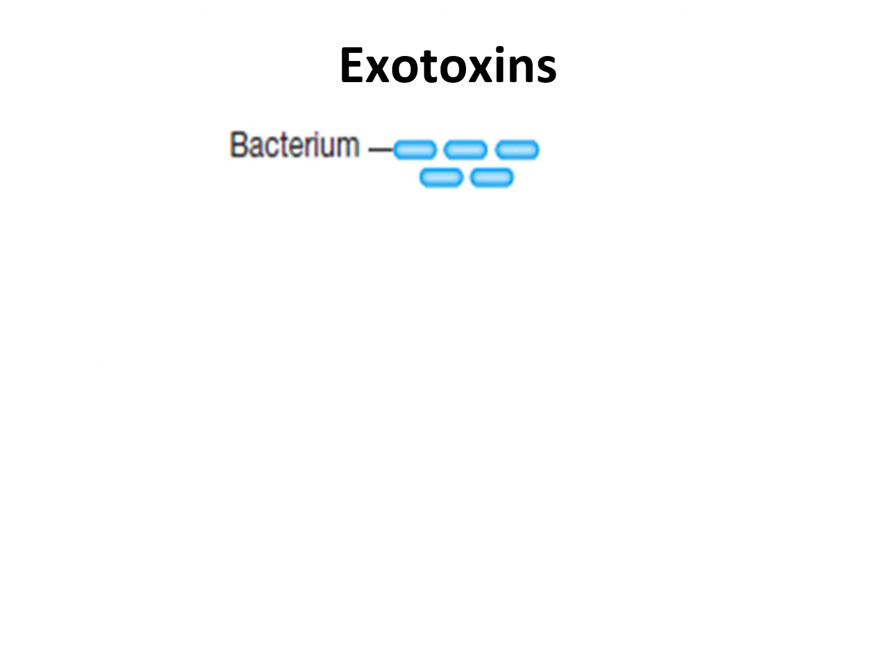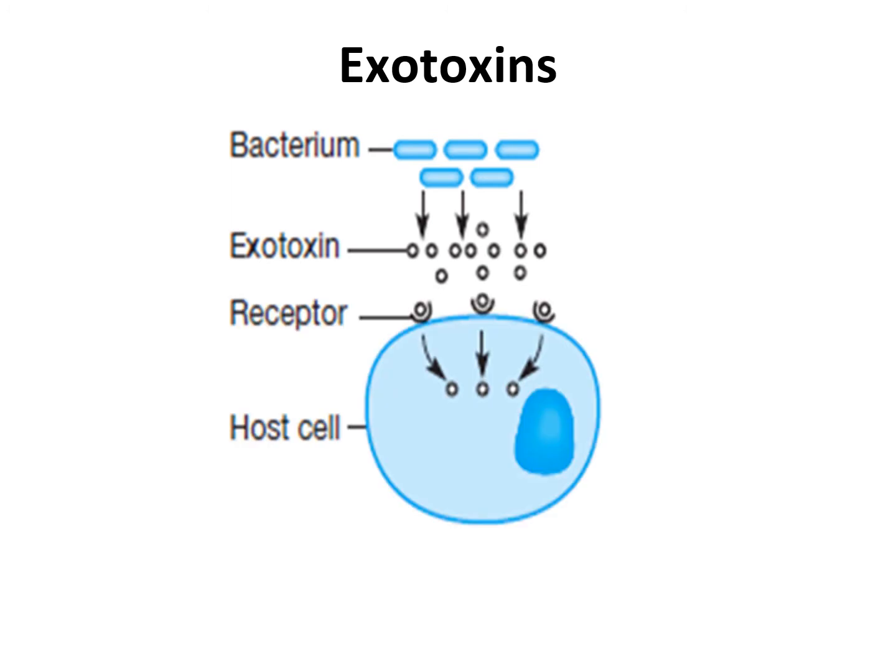So while endotoxins are going to have very general systemic effects on the person, like fever and shock, exotoxins are going to be produced by bacteria and secreted out into the body. They will have specific target cells, and within those target cells, they're going to have very specific effects.